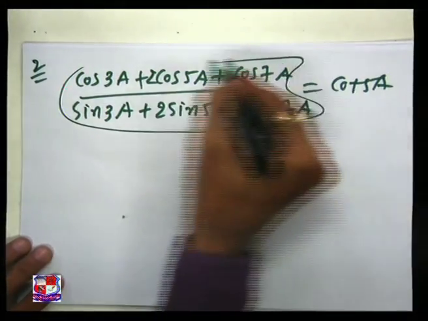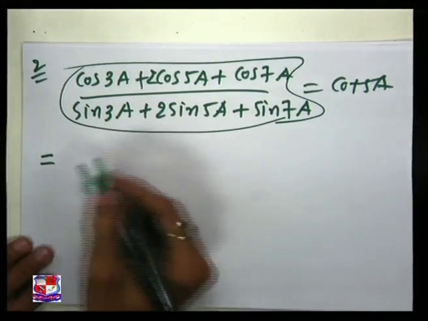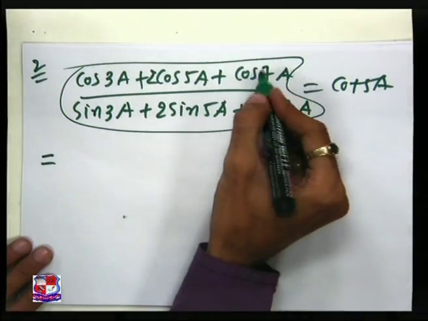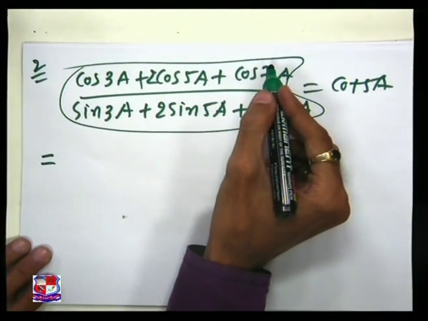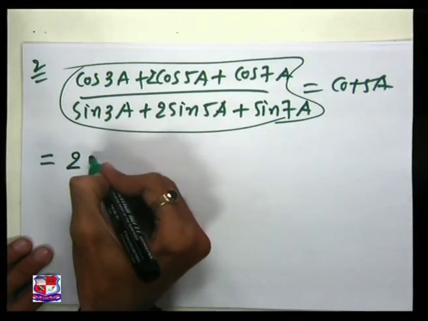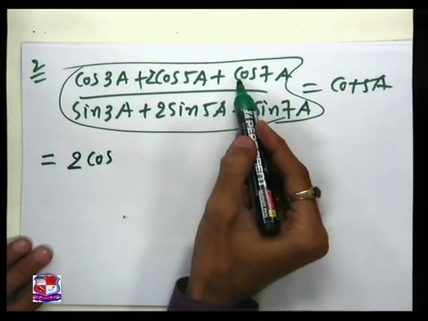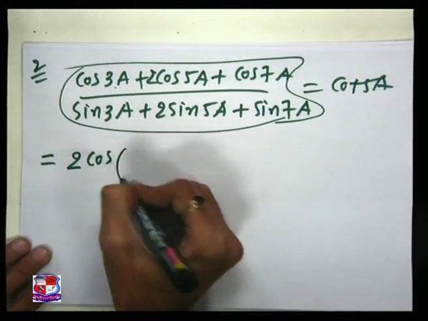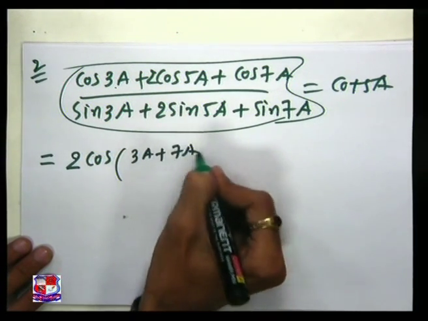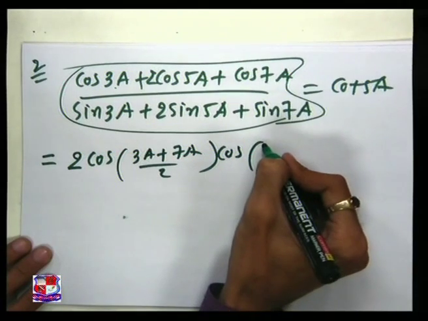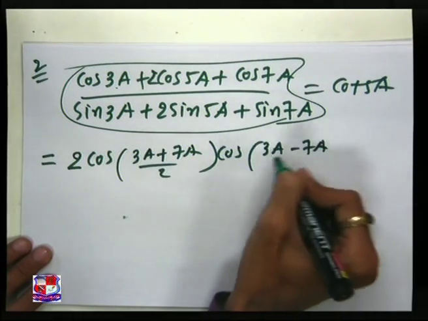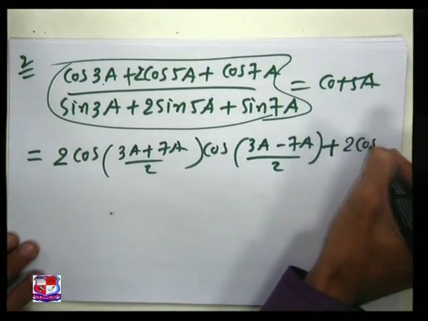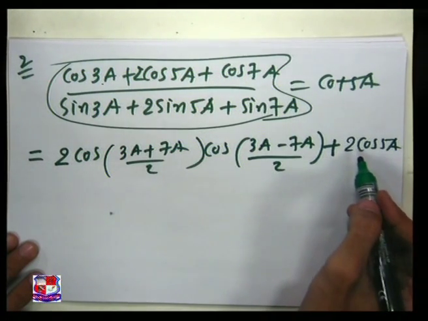So the left hand side is cos 3a plus cos 7a; here cos plus cos is equal to 2 cos cos. So this is 2 cos of (3a plus 7a) divided by 2 into cos of (3a minus 7a) divided by 2, and I will put here 2 cos 5a as it is, because I want the answer in the cos 5a form.